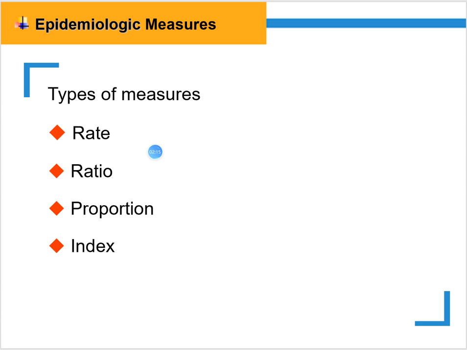There are 4 types of measures which can be used to describe disease in a population or between populations. They are rate, ratio, proportion, and index. Rate will be introduced in this class, and ratio, proportion, and index are on the pages of 22 and 23 of the Epidemiology textbook. You can teach yourselves.